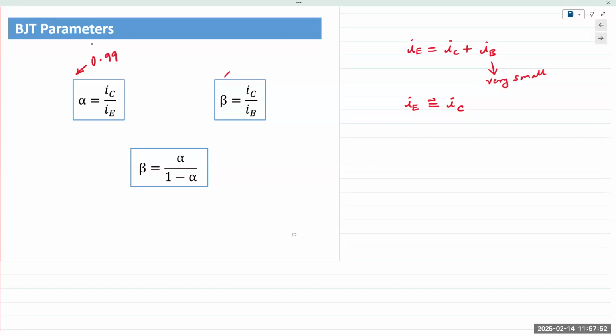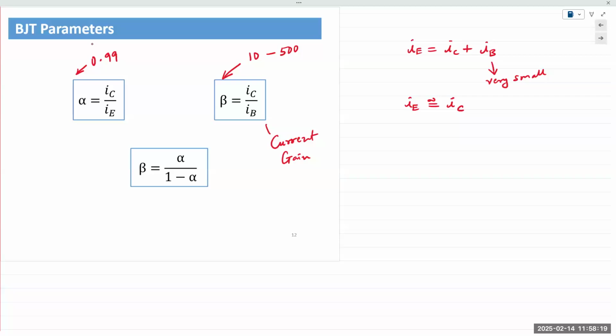And beta, IC over IB, is the most important relation. This can range between 10 all the way to hundreds, I think 400 or 500. It's defined as the current gain. Now I can find beta and alpha in terms of each other.